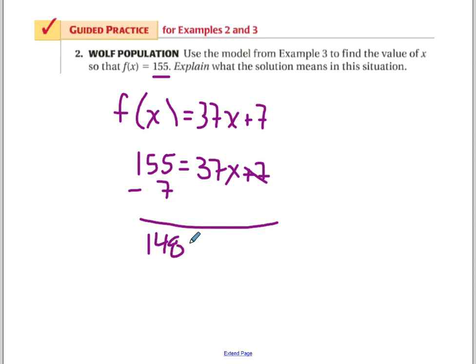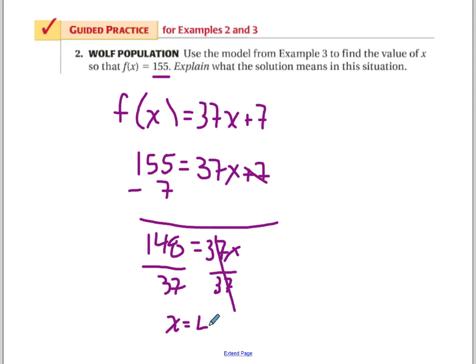And then I've got that equals 37x. And if you've already guessed it, we're going to divide by 37. And then 148 divided by 37 is equal to 4.